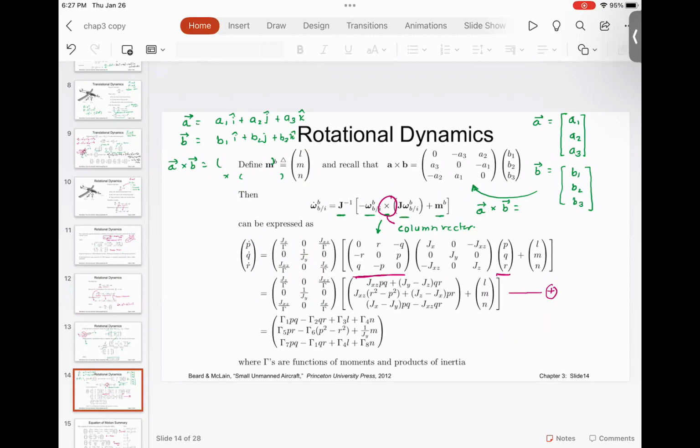The order of multiplication is very important. That's why I have components of A in the matrix and components of B as a vector, because the cross product is A cross B. That's why terms in A go in that 3 by 3 matrix and terms in B are in that 3 by 1 vector. Everyone understood this?